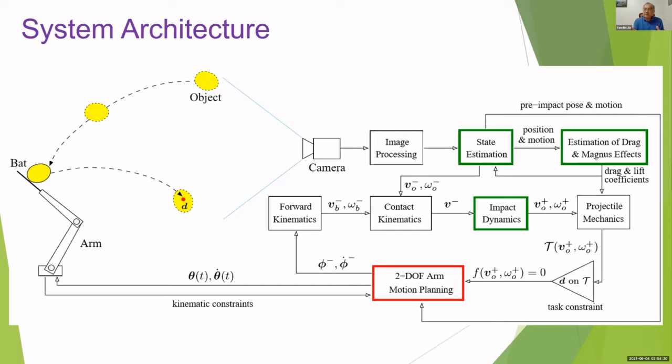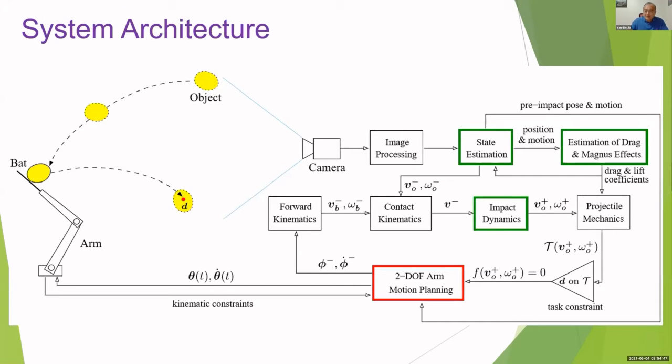That whole information is sent to two destinations. One is to dynamically estimate the drag and Magnus effects for us to model aerodynamics, and also for us to anticipate a certain time ahead where the bat is supposed to meet the object. So we have to use a little bit of projectile mechanics there.